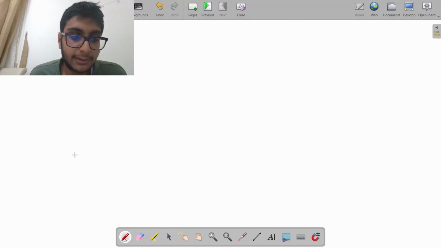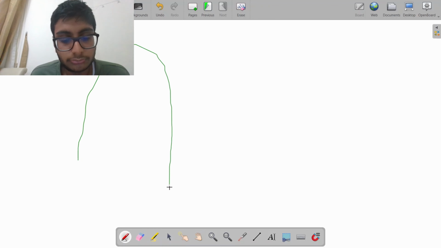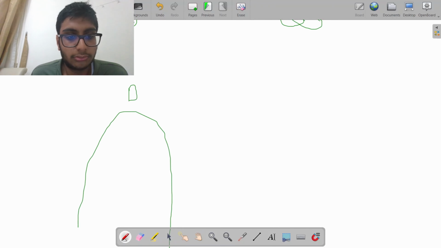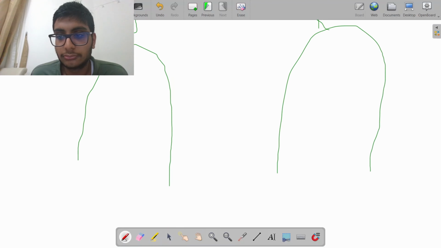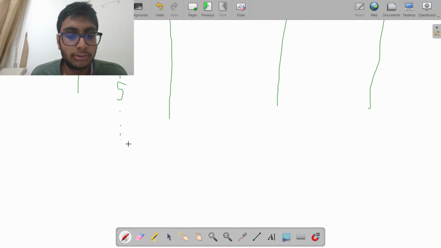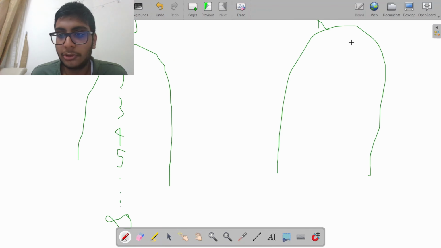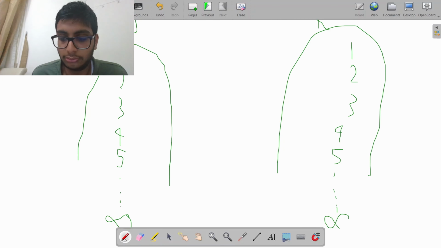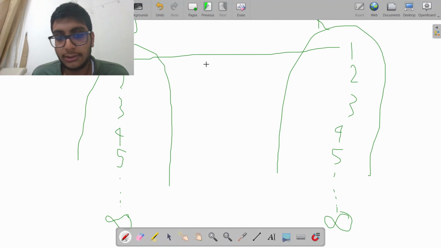Now, let's take our second example with a function. Now, this is our domain, and this is our range. Now, we have numbers 1, 2, 3, 4, 5 to infinity. 1, 2, 3, 4, 5 to infinity. Now, the function is each number maps to itself, or maps in the sense it relates to itself. So it's like this.